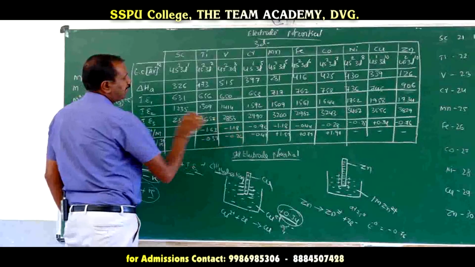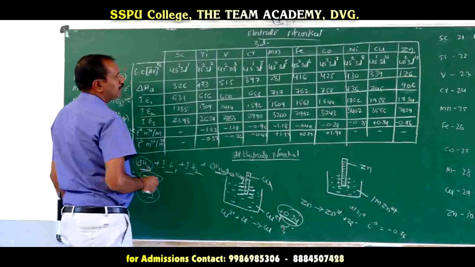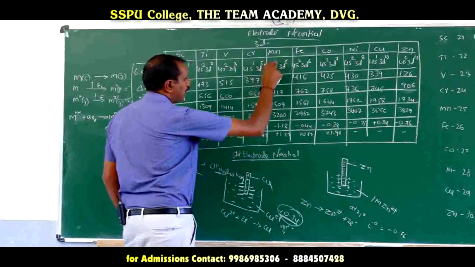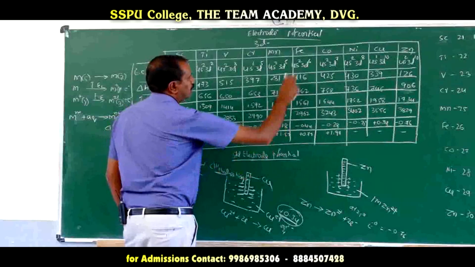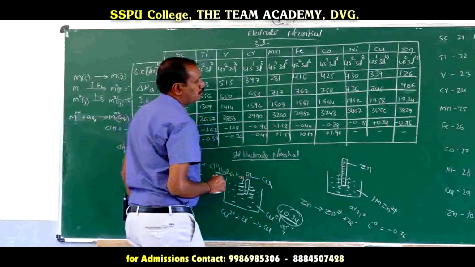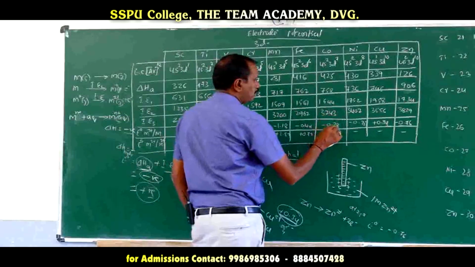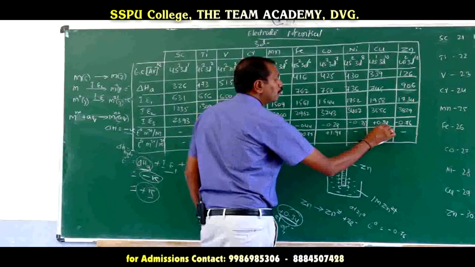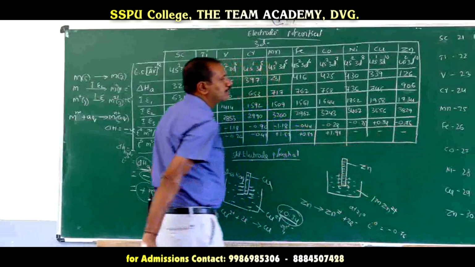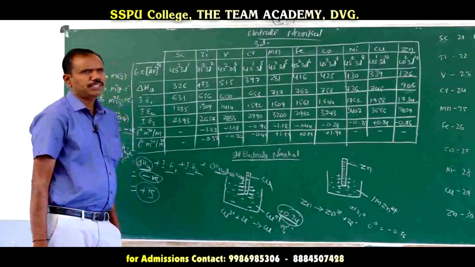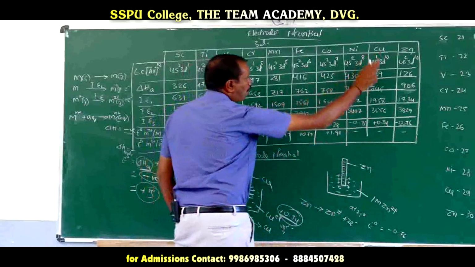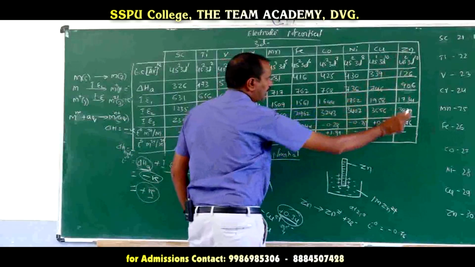Then vanadium is minus 1.18, chromium minus 0.90, Mn minus 1.18, Fe minus 0.44, cobalt minus 2.5, copper plus 0.34, but zinc minus 0.76. Let us compare these two. Why is copper positive and why is Zn negative?